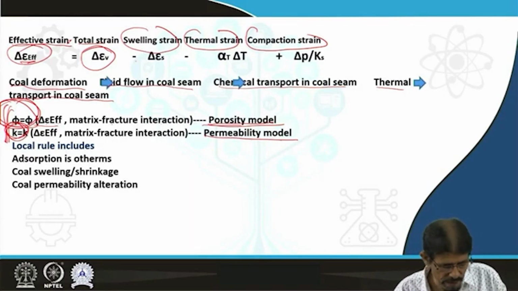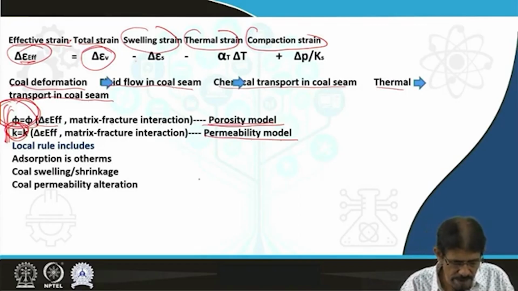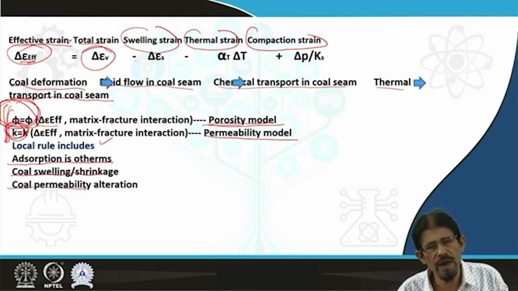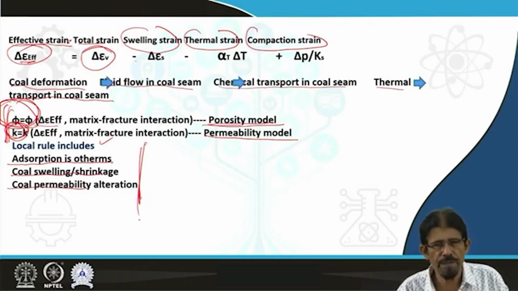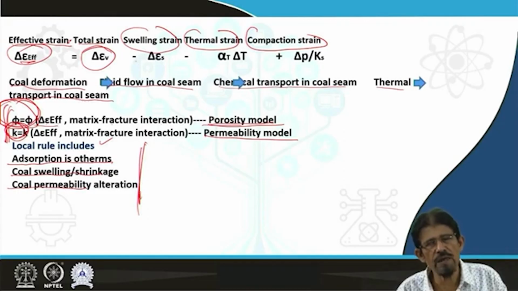So we can utilize, by adopting the local rule, adsorption, coal swelling and shrinkage, and coal permeability alteration. These three are the principal factors responsible for CBM release as well as the post effect of CBM release.